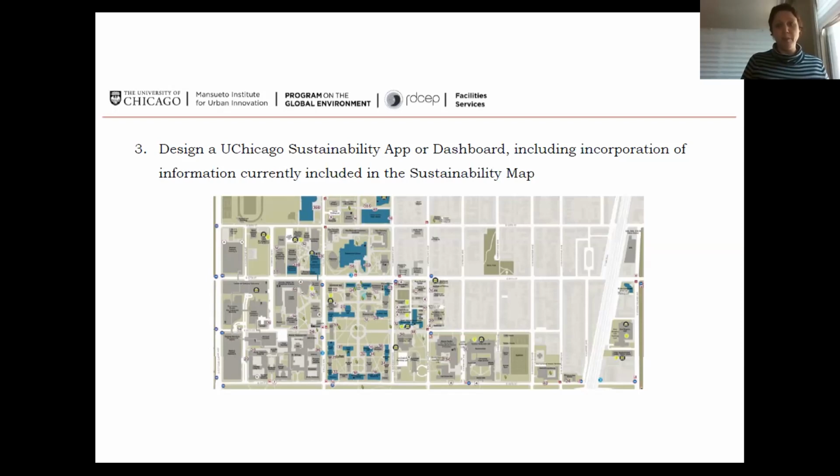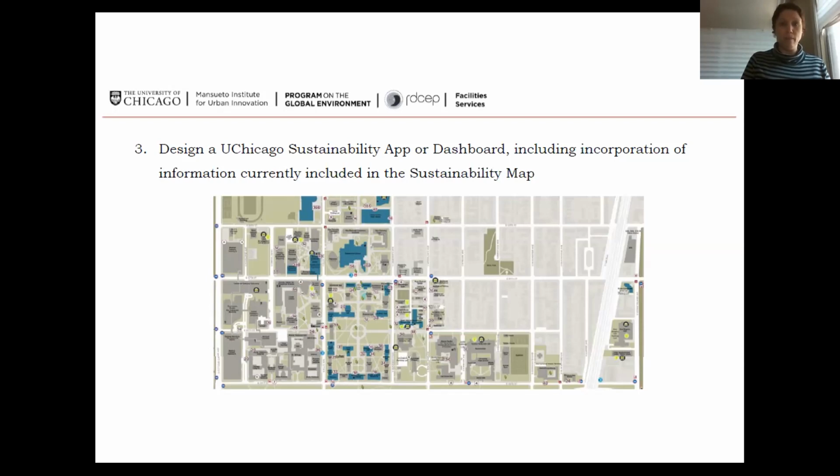And then also to expand that research and look at other sustainability apps, both within higher education, but also beyond that, and find out what's good about those apps and what's not good about those apps, and compile that research and use that information to create an app for our institution.